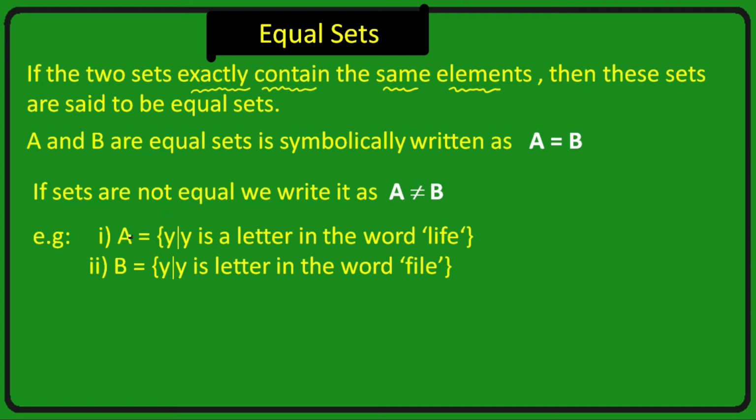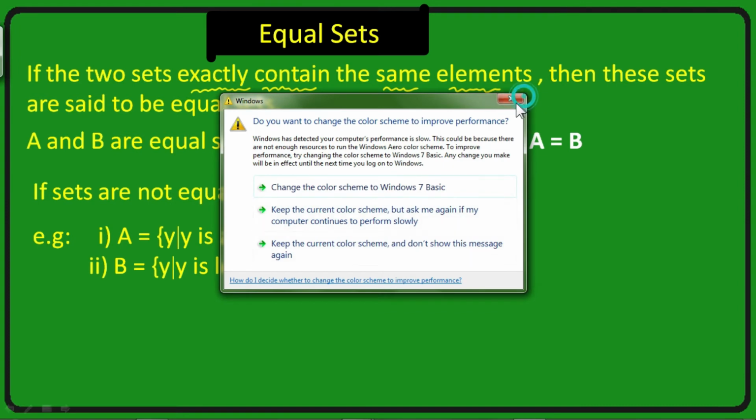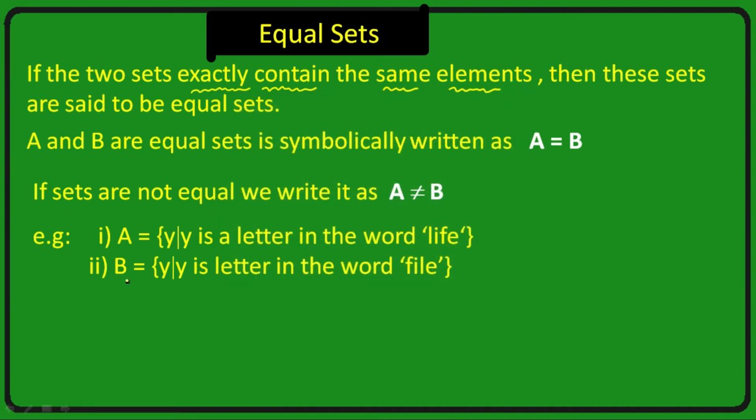First example: A is the set of all Y such that Y is a letter in the word life, and there is another set B, the set of all Y such that Y is a letter of the word file. Let us write the set A by using the listing method.